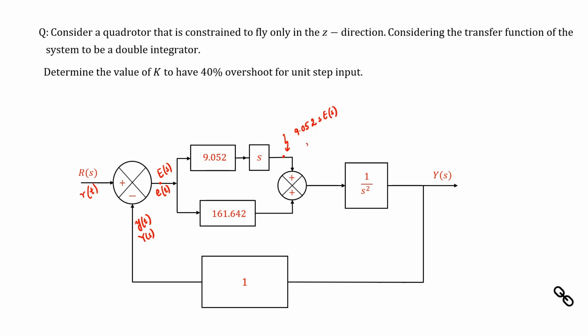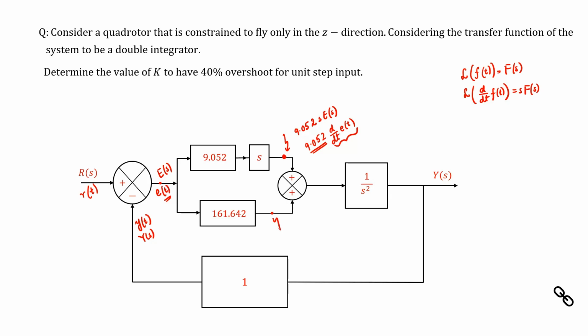This in the time domain becomes 9.052 d/dt of e(t), because if you remember, if the Laplace transform of f(t) is equal to F(s), then the Laplace transform of d/dt of f(t) is equal to sF(s). So, the output at this point is proportional to the derivative of the error signal, and the proportionality constant being 9.052.